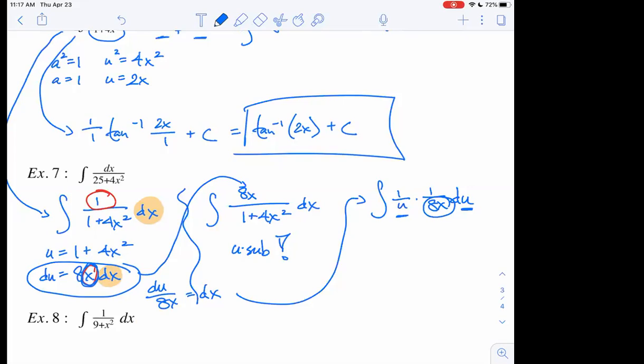Folks, that was a super good question, because I heard it a lot from my Calc 2 students. They're like, well, wait, but how do you know? So you do have to check if you can find part of the derivative somewhere else in the function, go with the U sub. But if you have an extra variable hanging out, then you can't do the U sub, okay?